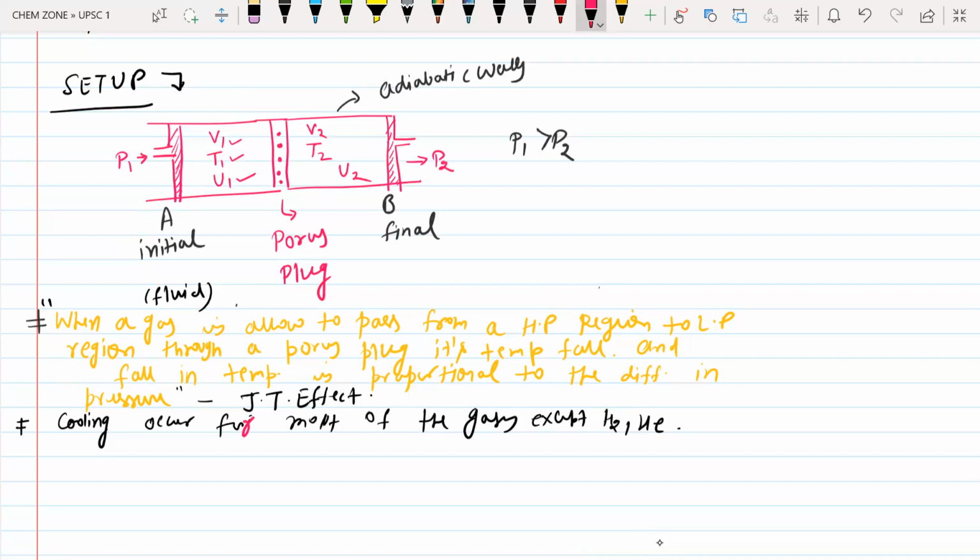Temperature of gas is maintained when a pressure P1 is applied on this piston. This gas is allowed to move towards point B, and the volume of gas here is taken as V2, temperature is T2, and the internal energy is U2.